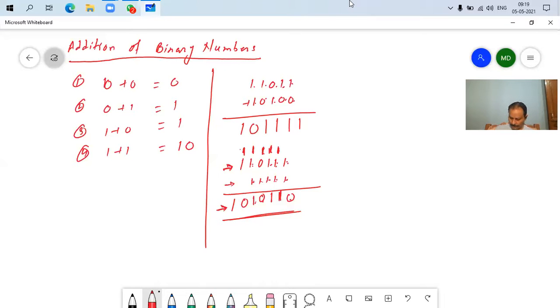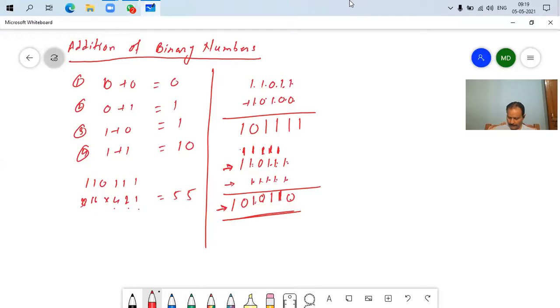So first of all, let us convert 110111. I'm doing it in my process, that is 1, 2, 4, 8, 16, 32. So 32 plus 16, 48, 48 plus 4, 52, 52 and 2, 54 and 1, 55.